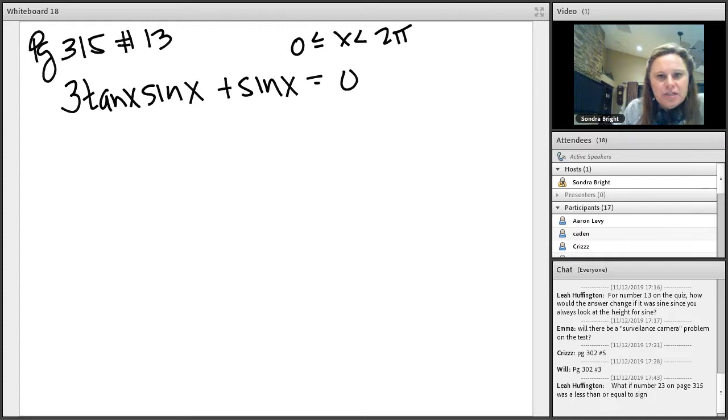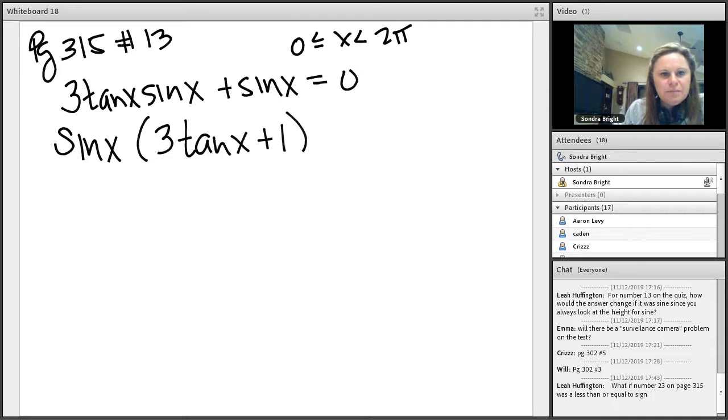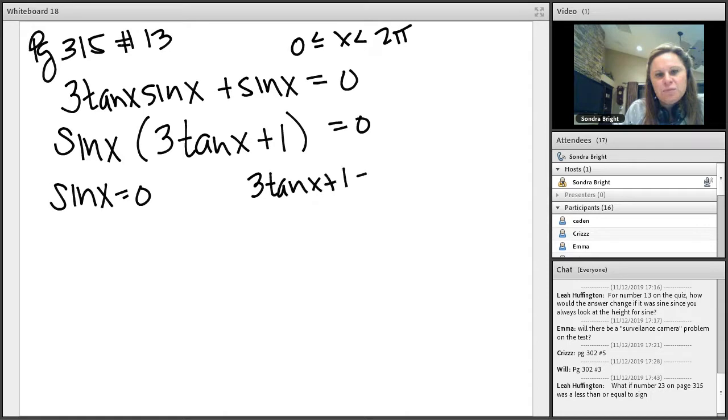All right, so what you got to do is factor out the GCF, which will give you sine of x times 3 tangent of x plus 1. And so that means sine of x equals 0, or 3 tangent of x plus 1 equals 0. And this will give you tangent of x equals negative 1/3.